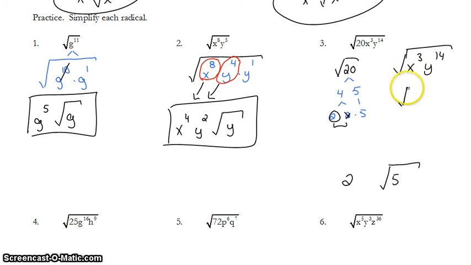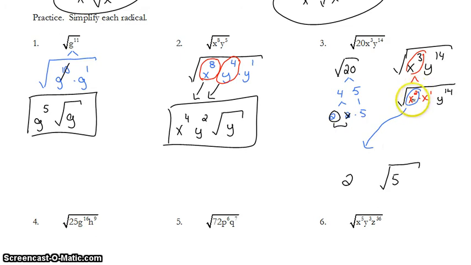For this, treat your variables like we had before. X to the 3rd becomes x to the 2nd times x to the 1st. But y to the 14th is already even, it stays. So, x to the 2nd is even, I pull that guy out, cut it in half.